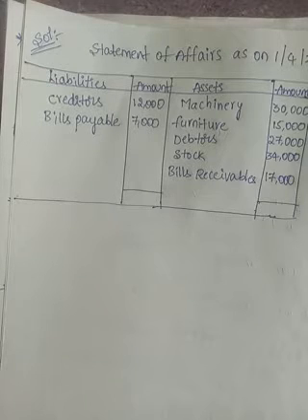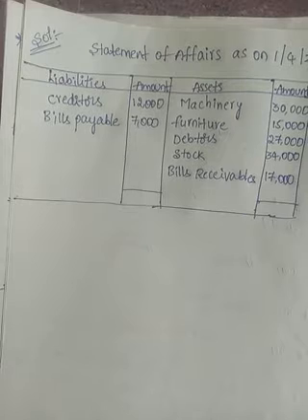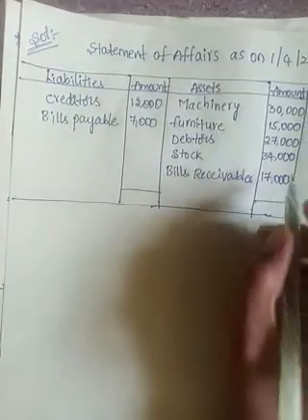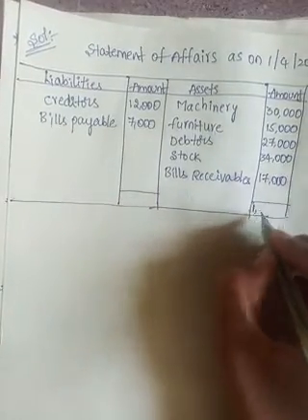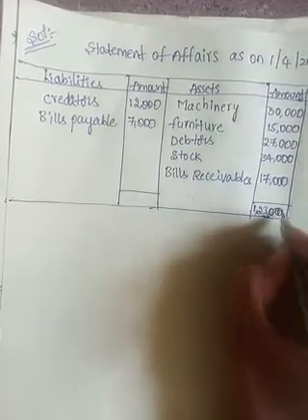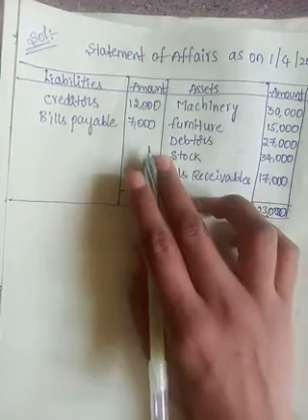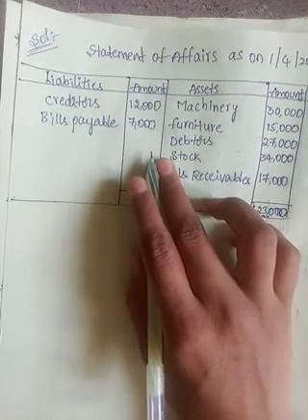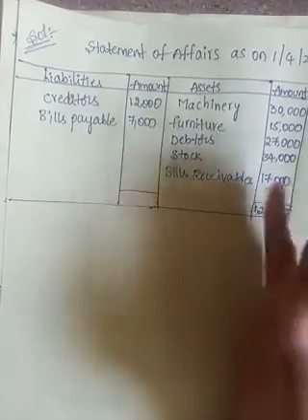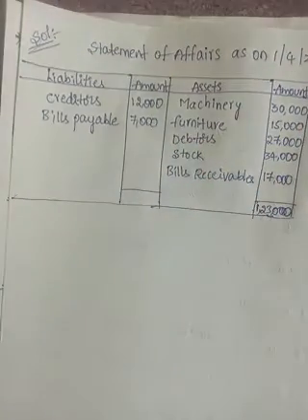The total of the asset side is 1,23,000. From this we will deduct the liabilities. How do we get the capital? Capital is equal to assets minus liabilities.